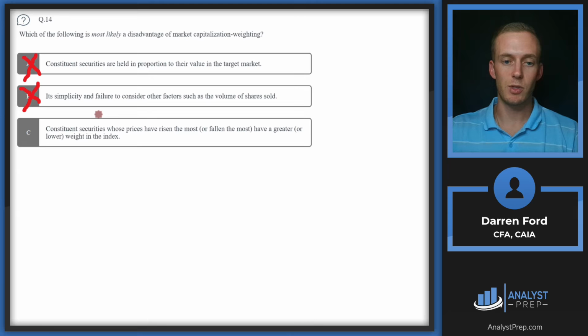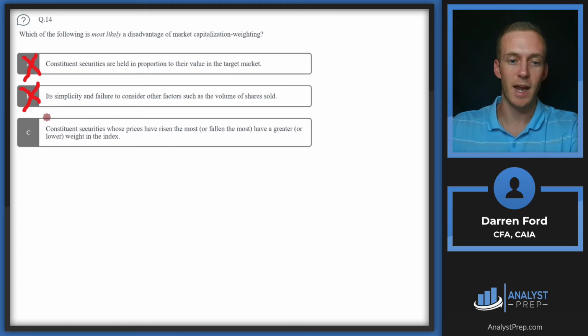You have these huge companies like Microsoft and Apple and NVIDIA, where they keep rising in price and their market cap weightings just keep getting higher and higher and higher, and it makes these indexes like the S&P 500 and the NASDAQ 100 look a lot more like concentrated tech portfolios than diversified U.S. stock portfolios. So all that to say, answer C is correct.